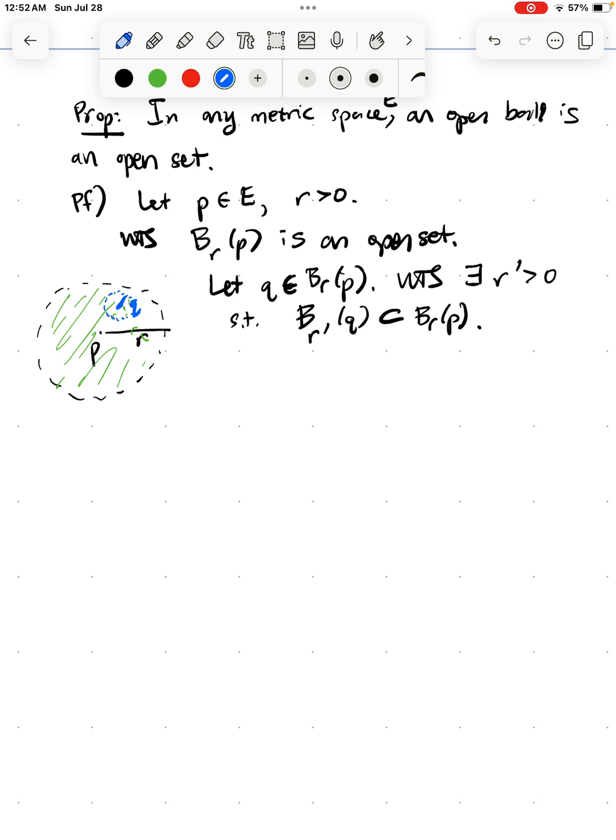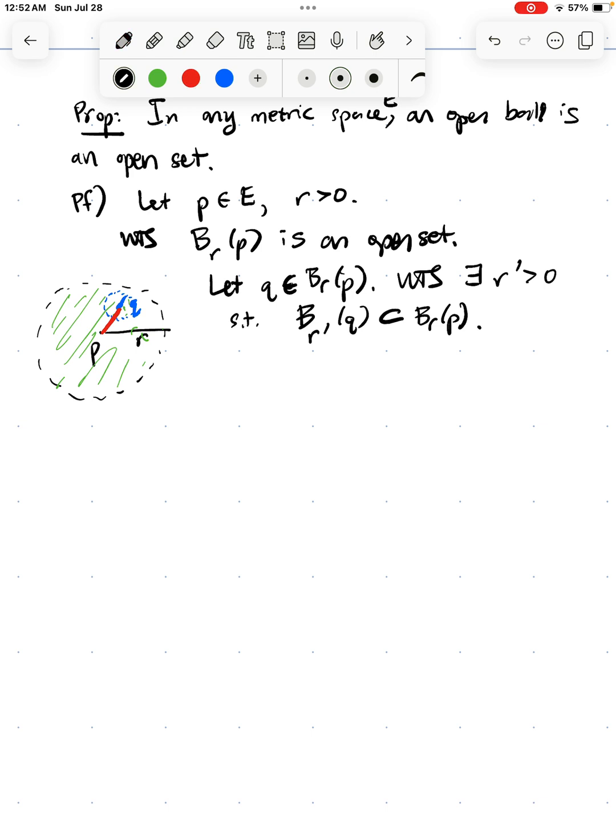Well, let's see. The picture suggests that, so let's look at the distance between P and Q. From the picture, it suggests that if you take R prime to be any number that's less than R minus the distance between P and Q, then that will work.